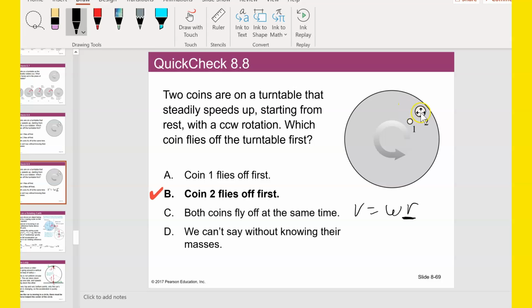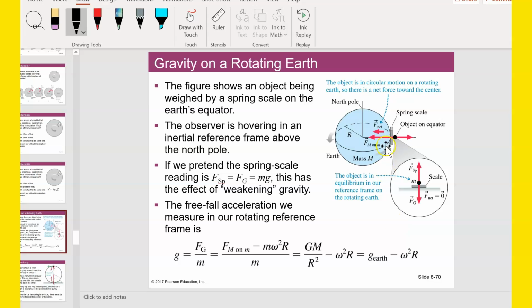So object 2 is going to have a greater linear or tangential velocity than object 1. The farther you are from the center of rotation, the greater your tangential velocity will be. And so if you are on the equator versus being up here in North America or on the North Pole, you're farther from the axis of rotation. If you're up here on the North Pole, you're on the axis of rotation.